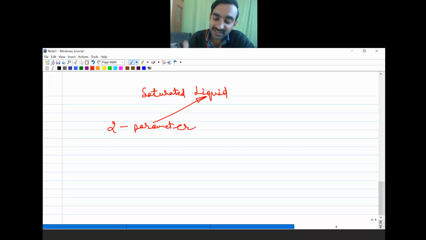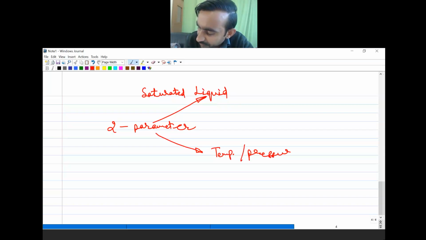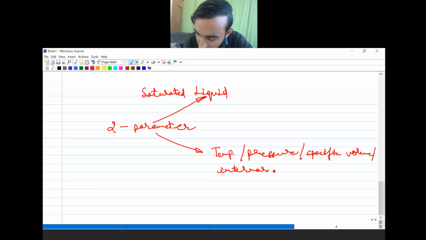The other parameter is the temperature, or pressure, or specific volume, or specific internal energy, or enthalpy, or entropy, whichever you take.